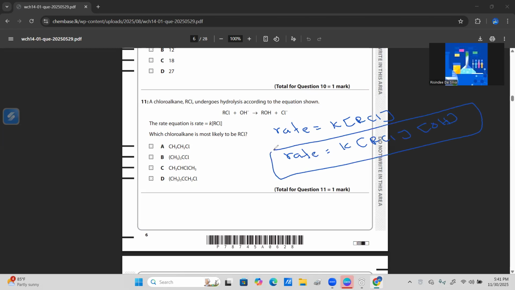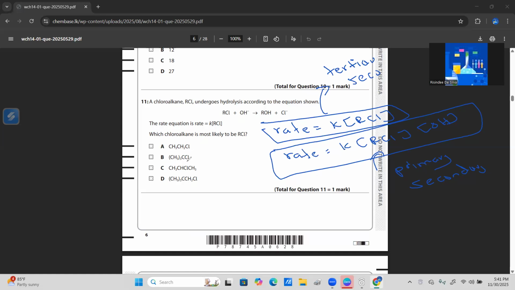This rate equation is there for a primary halogenoalkane, primary and secondary. Both can take the same mechanism. But this is only formed for tertiary and secondary, right? So out of these 4, we have to find which is a tertiary halogenoalkane.